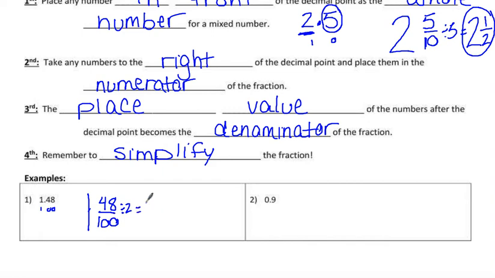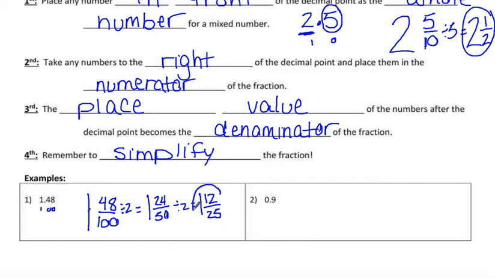And you could divide by something bigger if you can. So you get 1 and then 24 over 50. And then those are both even again. So you're going to divide by 2 again. And you get 1 and 12 over 25. And that is done there.